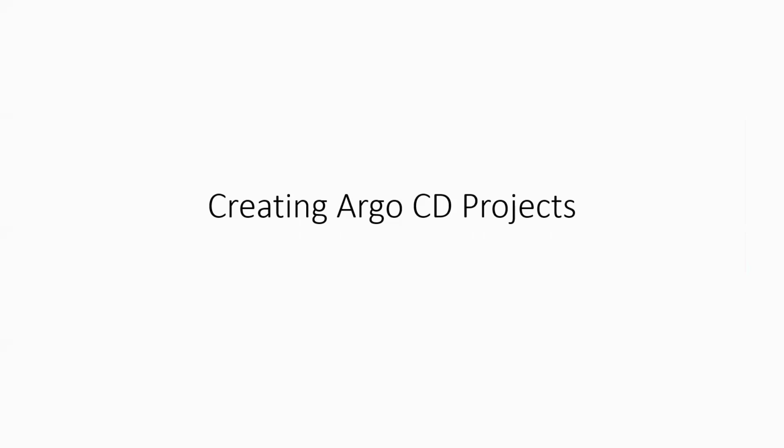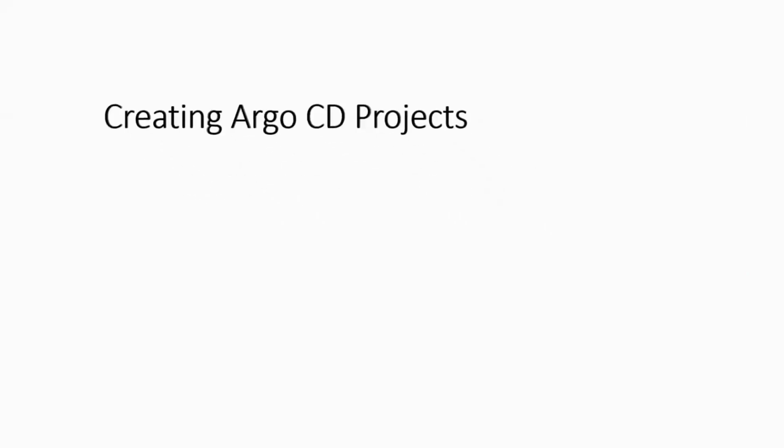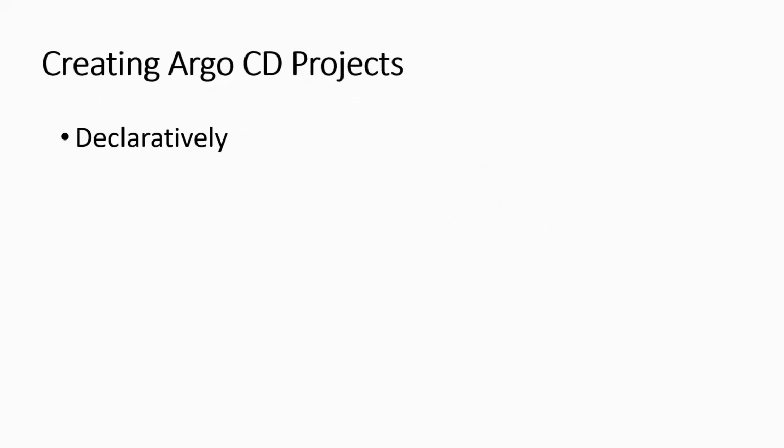Argo CD projects also offer the same options: the declarative method, the CLI, and the Web UI as well. We know a little about the CLI, but in this tutorial I would like to explain the declarative way, which will give you more clarity and is the more reliable approach.